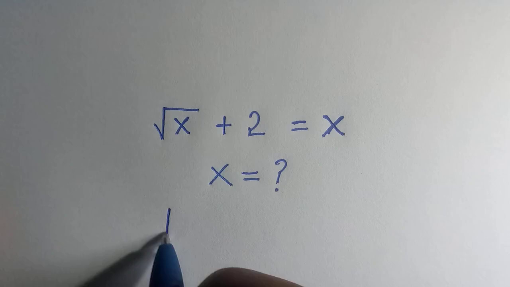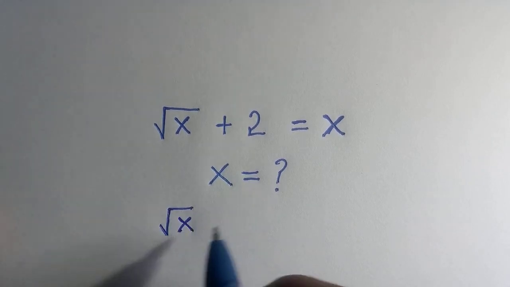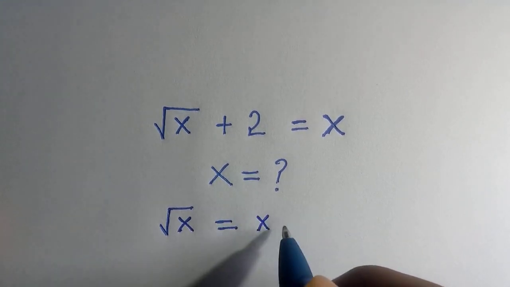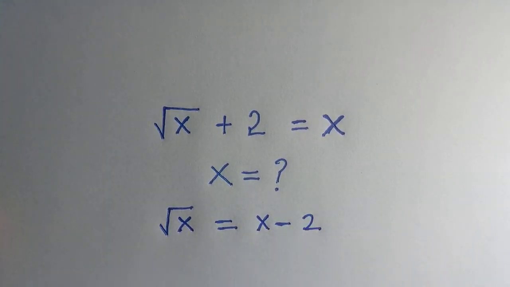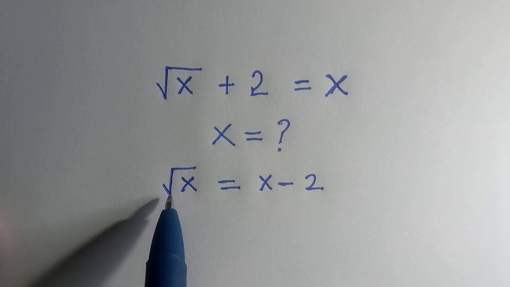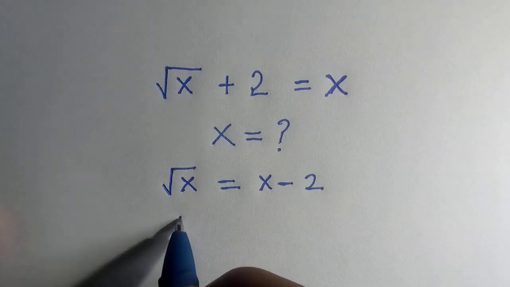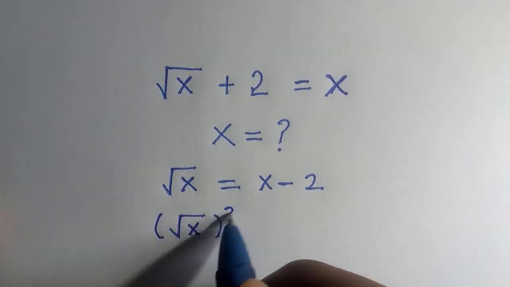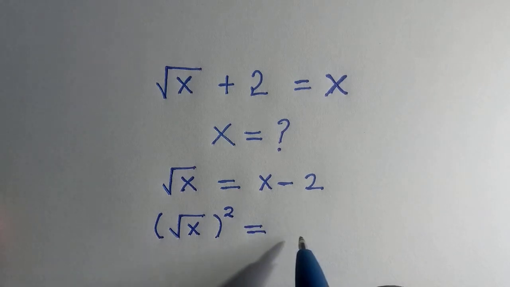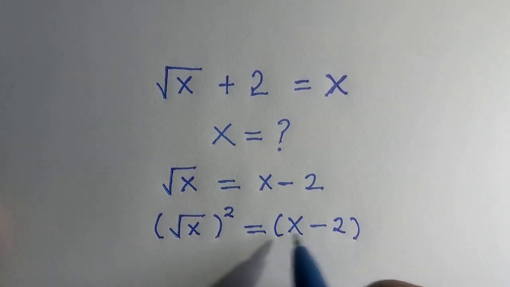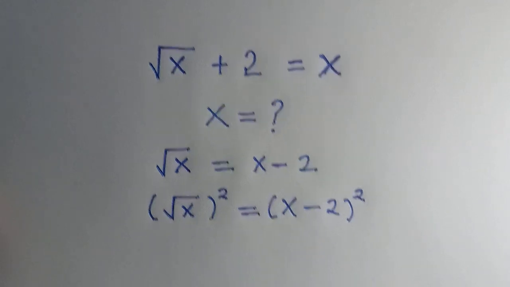Here where we have root x plus 2, by taking 2 to the other side, we have root x equals x minus 2. Next we are going to take the square of both sides just to cancel this root. By doing that, we have root x raised to power of 2 equals x minus 2 raised to power of 2.